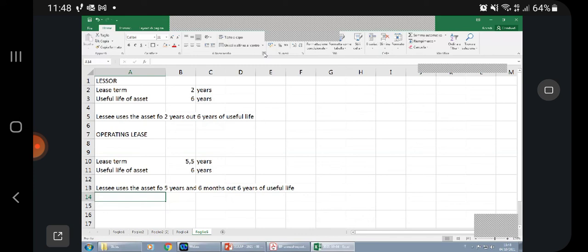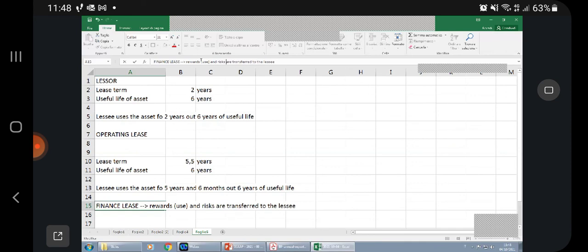So at the end, if we look at this second type of contract, it's the lessee that uses the asset for most of the useful life of the asset. So in this case, we can say that this is a finance lease because the rewards are transferred to the lessee. Not only rewards from the use, but also risk.